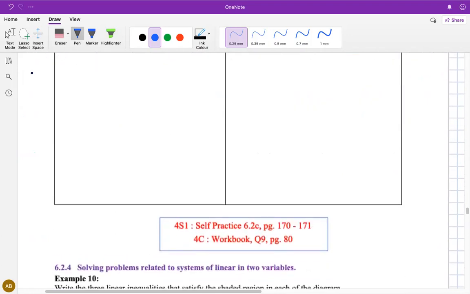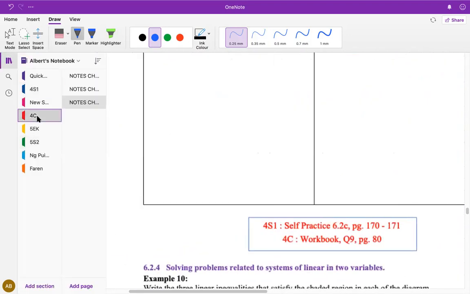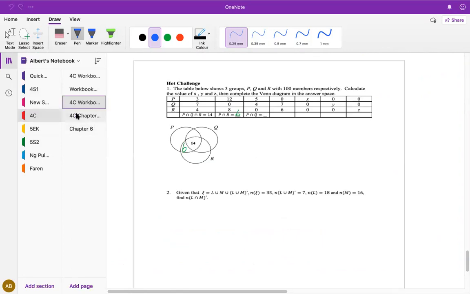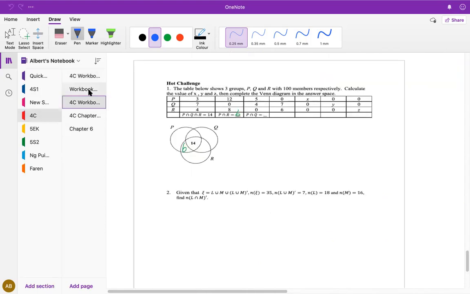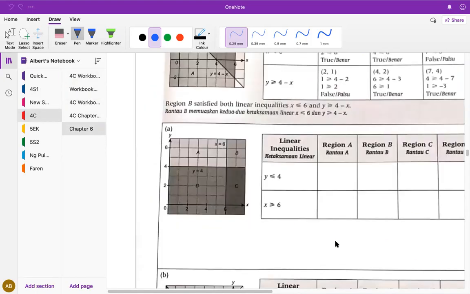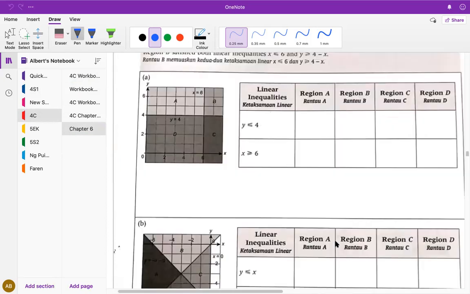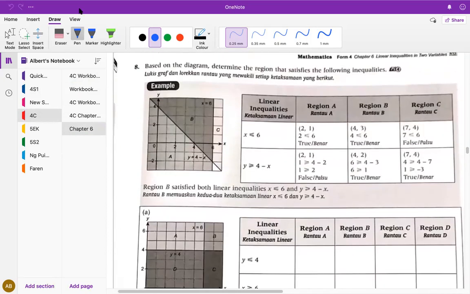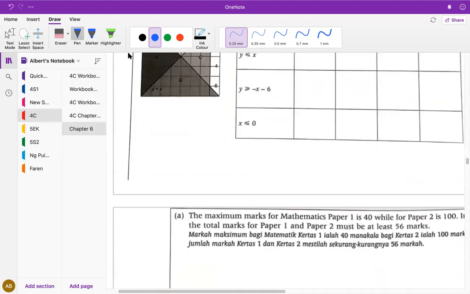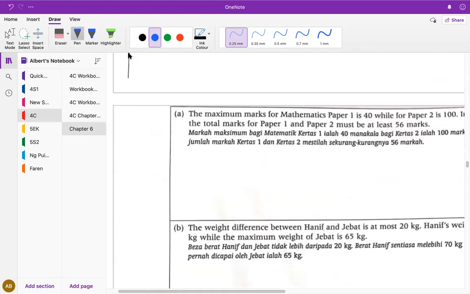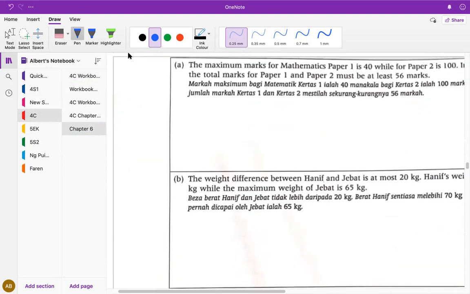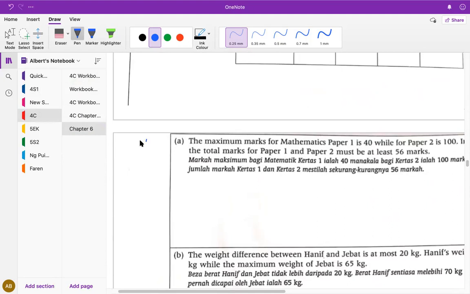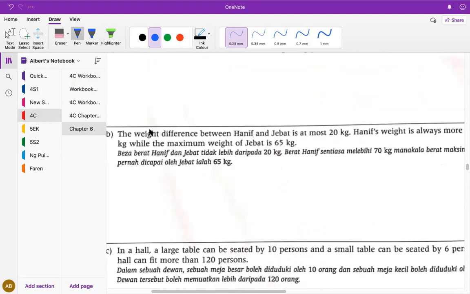Let me check the workbook for C. Chapter 6, workbook. So you're going to do question 8. Okay, question 9. I think this is 9.